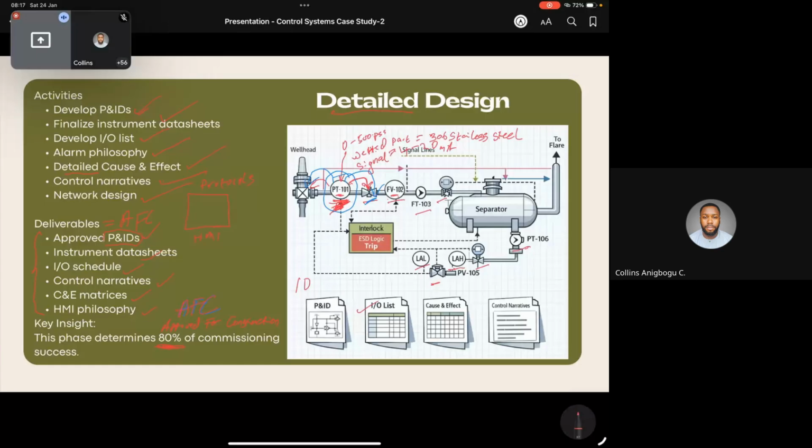You can see the interlock and the ESD logic trip represented. This is a low level alarm. This is high level alarm. This is PT106. The output from this tank goes to flare, right? So that's what P&ID is.